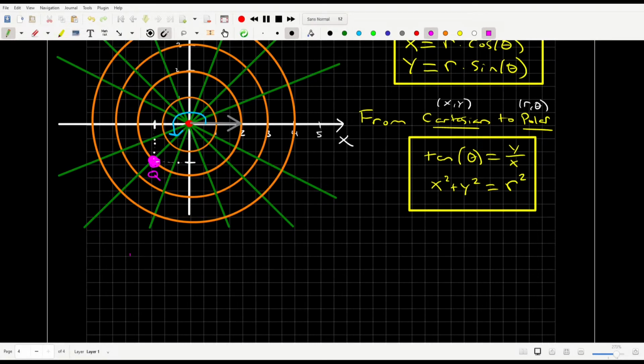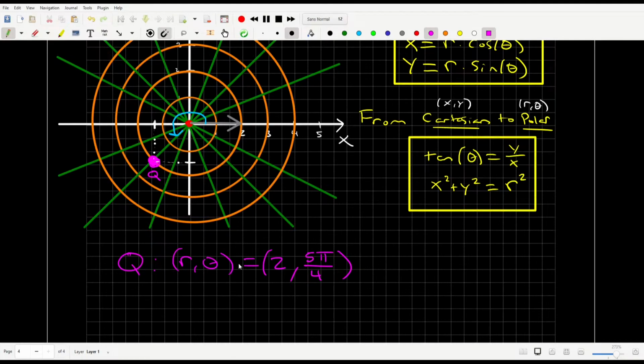So this point Q has polar coordinates r, theta of 2, the distance out to the point, comma, the angle 5 pi over 4. We can also describe Q in infinitely many other ways.